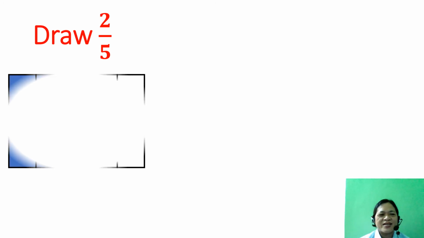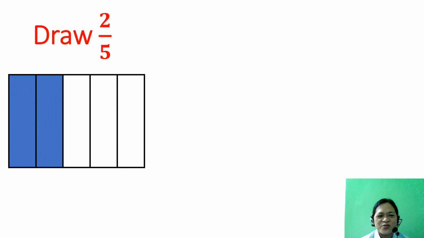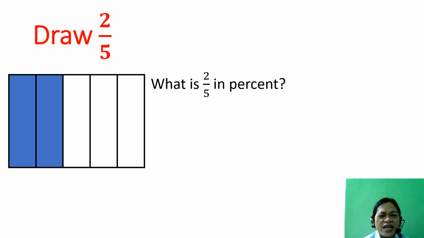Draw 2/5. Okay, can I see what you have drawn? Very good, well illustrated. Do you have the same as what I have on the screen? Okay. So, what is 2/5 in percent?